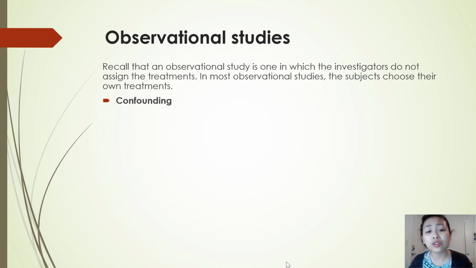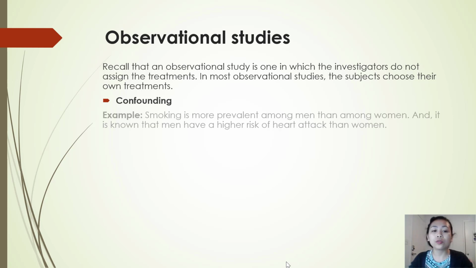In observational studies, there's one concept that is very important to understand, and that is confounding. To understand confounding, let's look at this example. Smoking is more prevalent among men than among women, and it is known that men have a higher risk of heart attack than women.